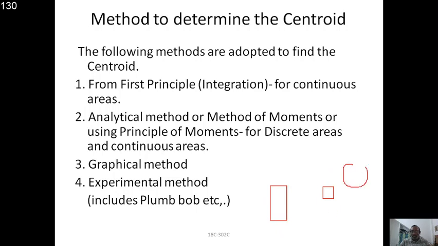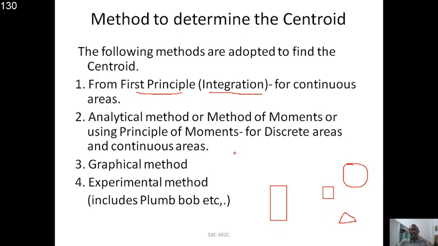If I draw like this also, it is a continuous area, right? That means a uniform shape, like your triangle, is also a continuous area. For those shapes you can use the first principle or integration, which is very easy to calculate.